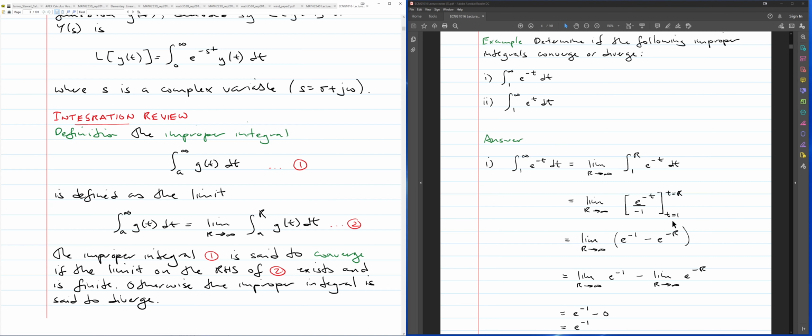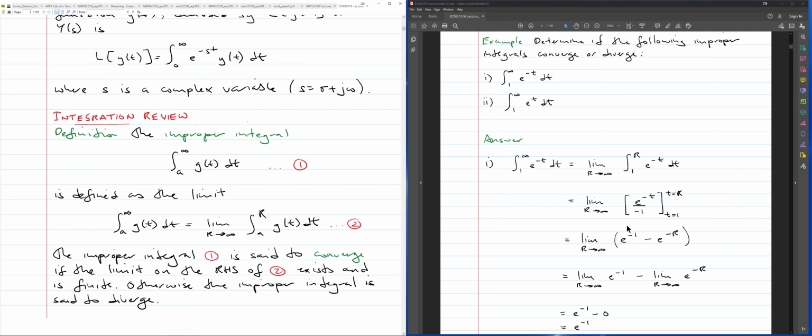But remember, when I put in this lower limit, I'm subtracting, so I have minus times this minus 1, which gives me a plus. So the integral of e to the minus t dt between 1 and r is e to the minus 1 minus e to the minus r.